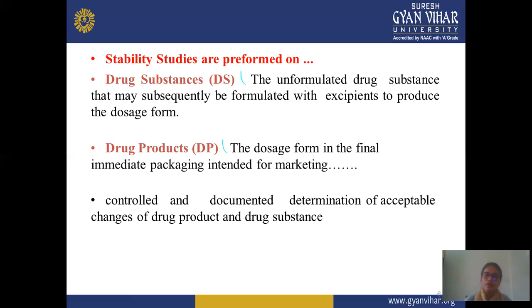Control and a documented determination of acceptable changes of drug product and drug substance. In this, there are certain acceptable changes or certain drug product problems. You check the stability study for control limits and maintain particular documentation, observe all readings and record them in a document and mention whether they are according to requirement or not.